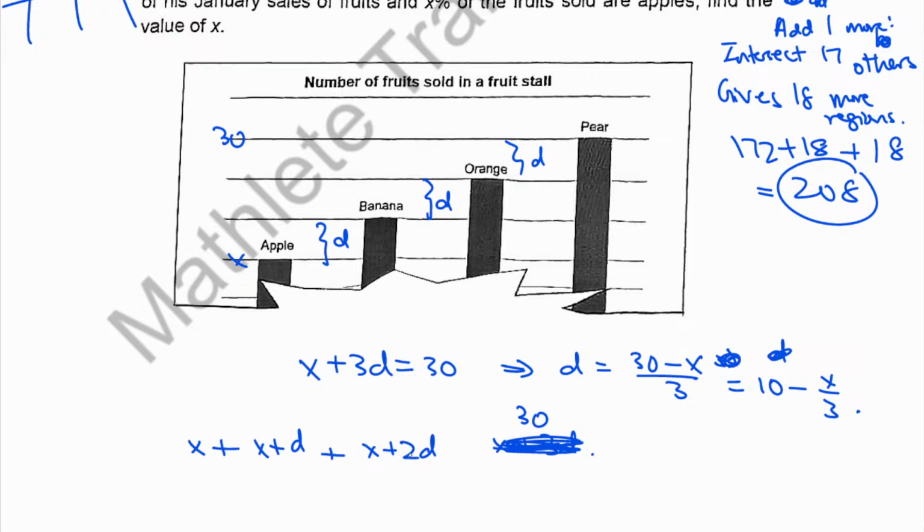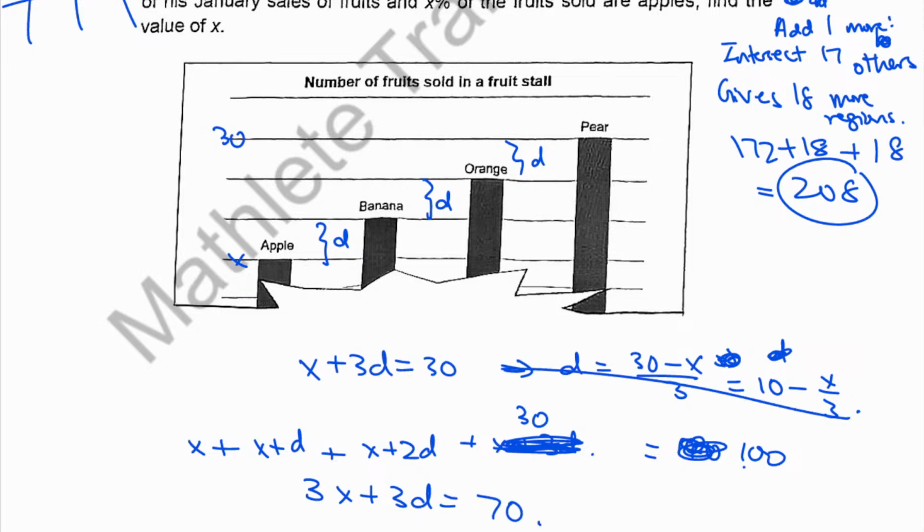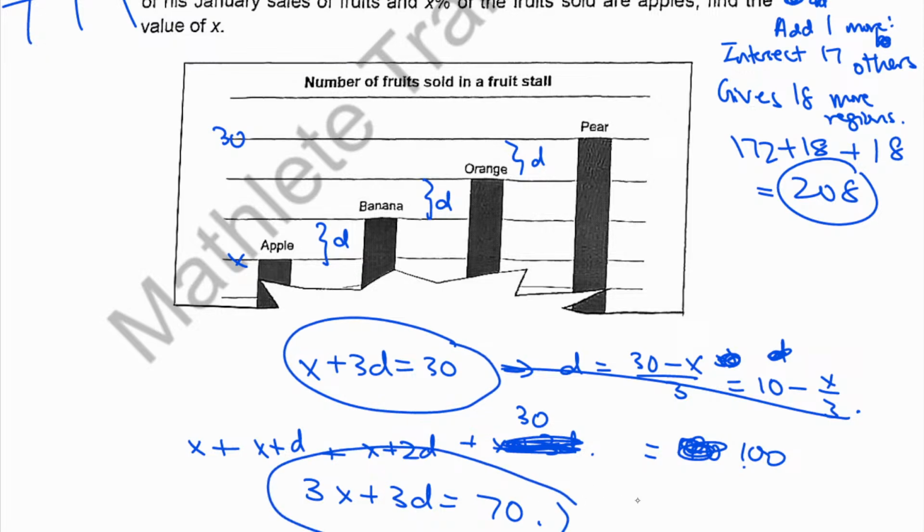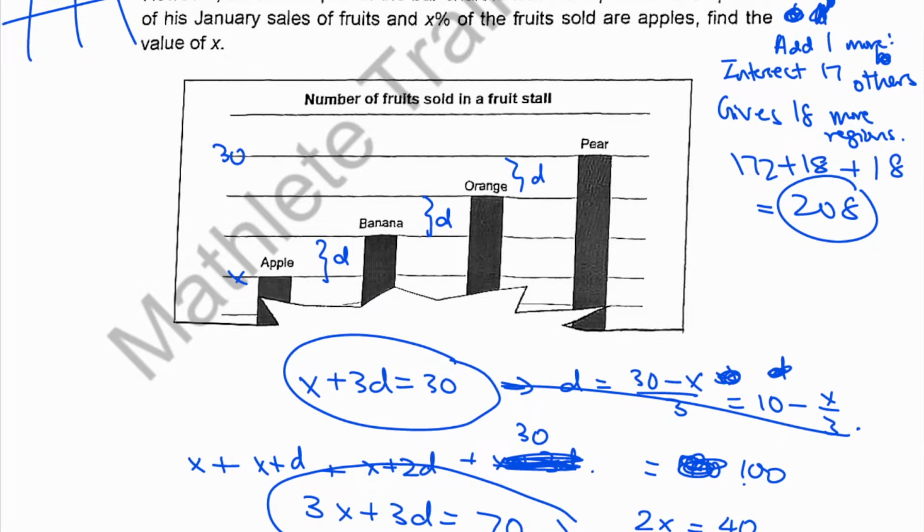So if I add all of these together, this will be 100. Not 70, 100. So if I gather the terms on the left hand side, it will be 3x plus 3d is equal to 70. So actually we didn't really need to solve for d at all. Because if you have x plus 3d is 30, 3x plus 3d is 70, that means your 2x must be equal to 40. So x is equal to 20.